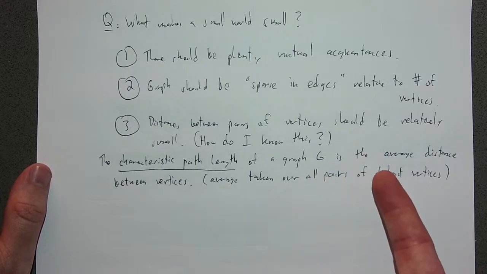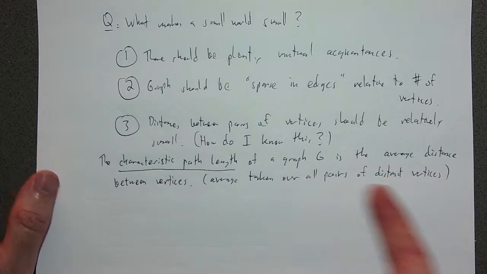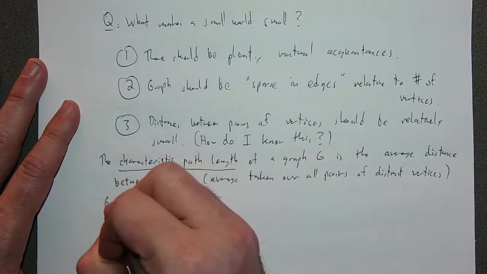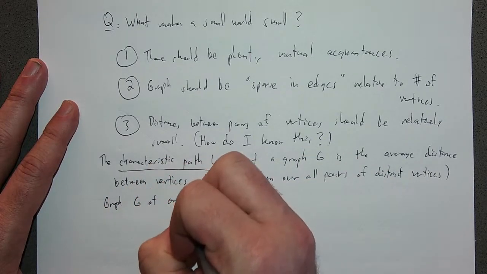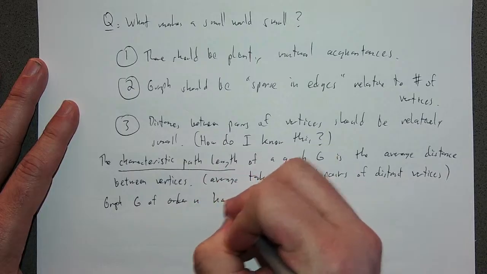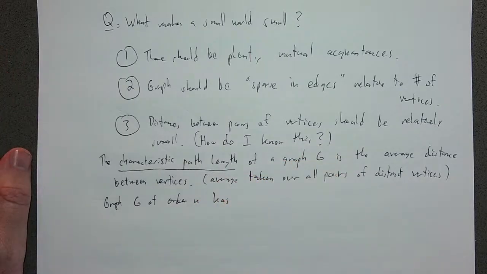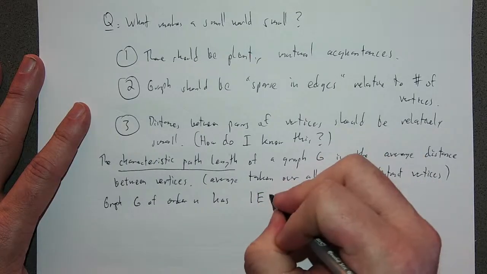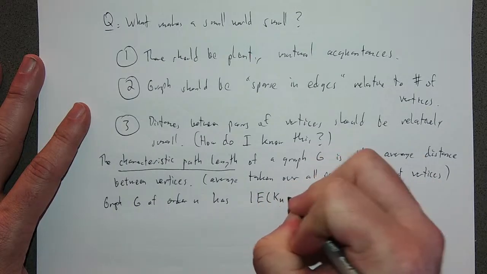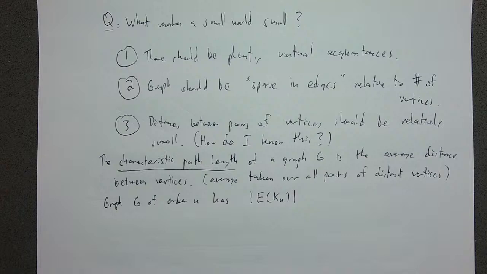We have distinct pairs of vertices, so graph G of order n has how many distinct pairs of vertices? It's the cardinality of the edge set of the complete graph on n vertices.